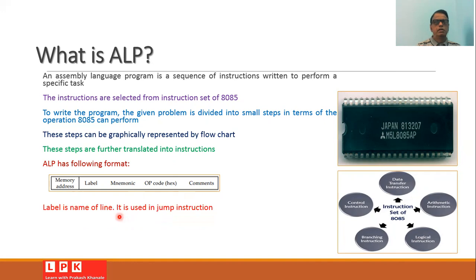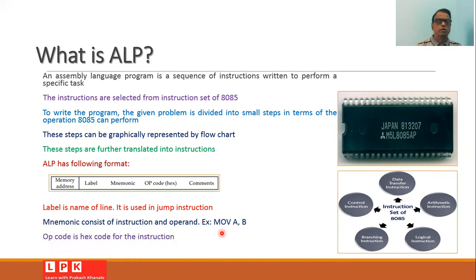Label is nothing but the name of the line, an identification of the line, and it can be used whenever you want to jump from one instruction to another instruction. Then you need to make use of the label. Mnemonic consists of the instruction and the operand. For example, when you write an instruction such as MOV A, B, it is called a mnemonic.